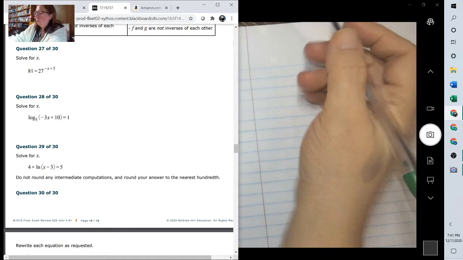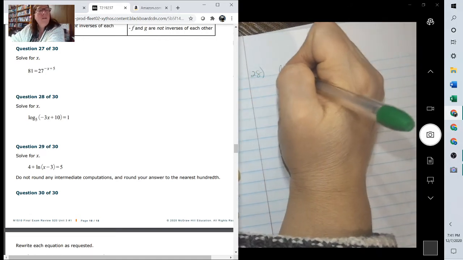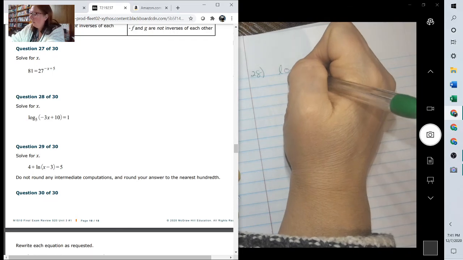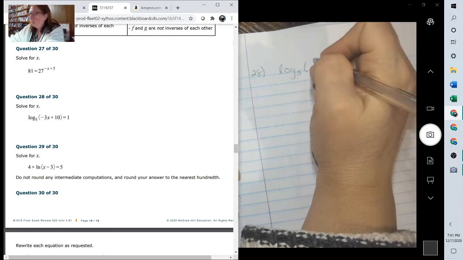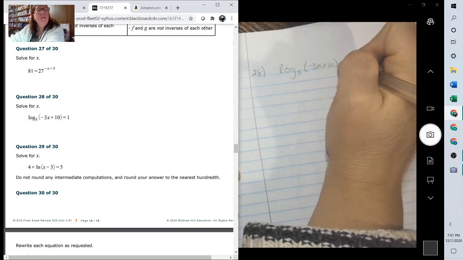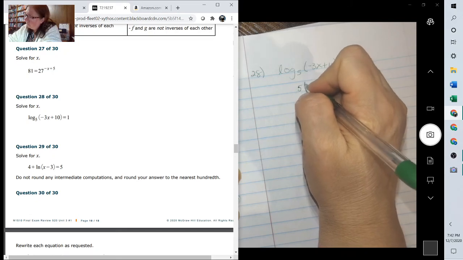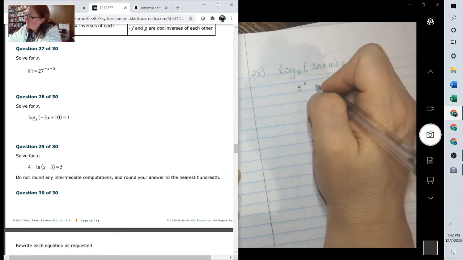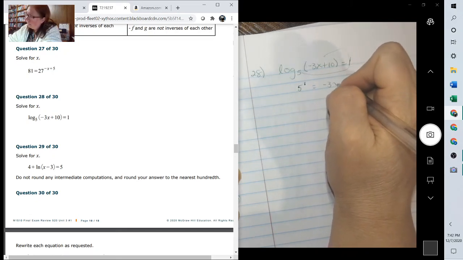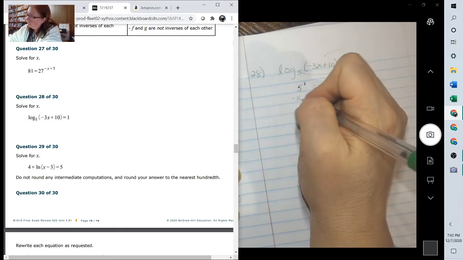28, also solve for x. Log base 5 of negative 3x plus 10 equals 1. Rewriting it, 5 to the first equals negative 3x plus 10. Subtract the 10.